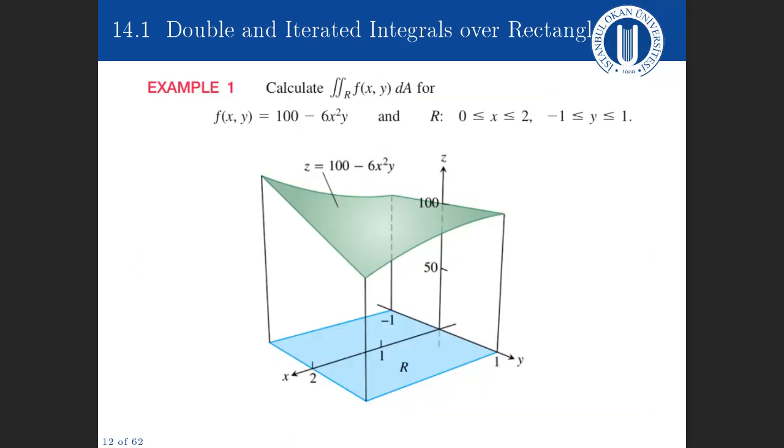For example, calculate the double integral of the function f over the region R, where f is the function 100 minus 6x squared y, and R is the region where x is between 0 and 2, y is between -1 and 1.